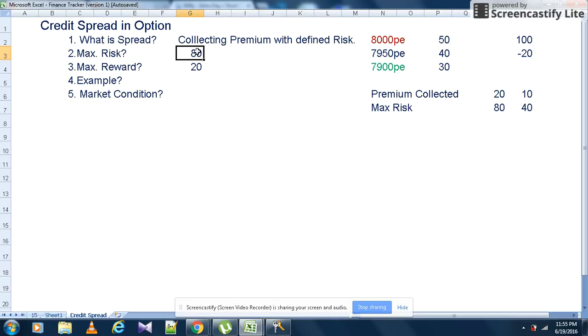You can also reduce the losses by doing it with the 7,950 put and the 7,900 put. If you sell the 7,950 put and buy the 7,900 put, the profits will also be limited, 10 rupees, which is half, and the losses are also reduced by 50%.